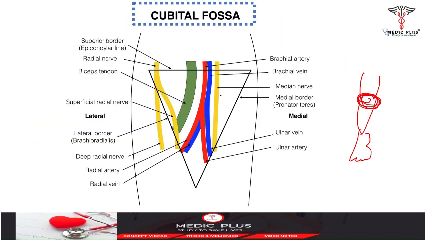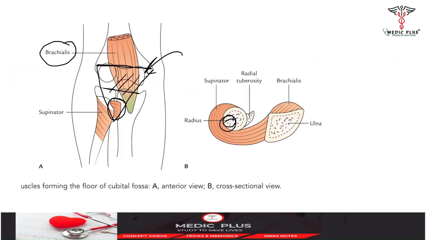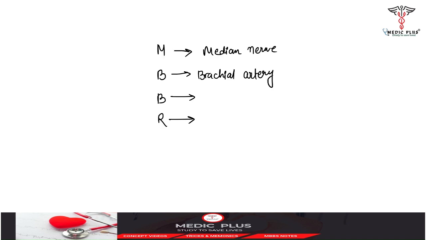Here you can see one more diagram: this is the radius and this is the ulna. Near the neck, the brachial artery divides into the radial artery and the ulnar artery. So B for brachial artery.